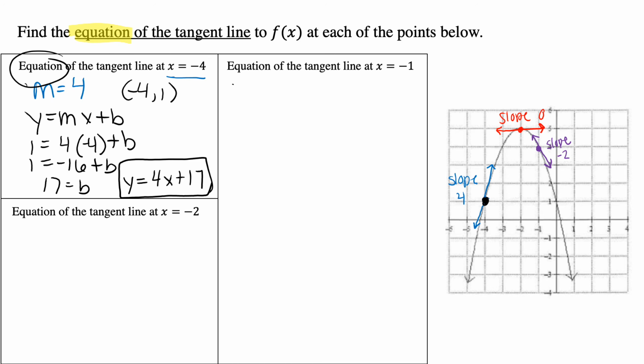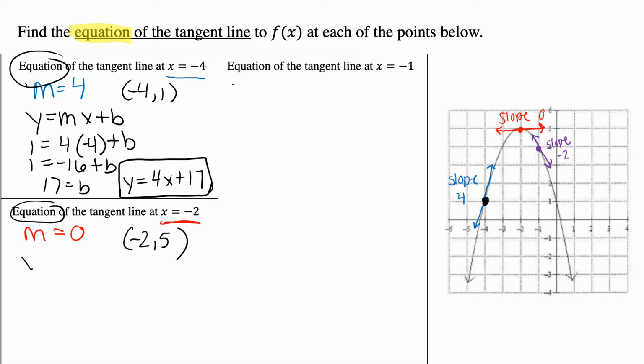For the next one, the equation of the tangent line at x equals -2. Again, earlier we found that our slope was 0. But again, we want to find that entire equation, so we need to look at the point of tangency, which is here at (-2, 5).